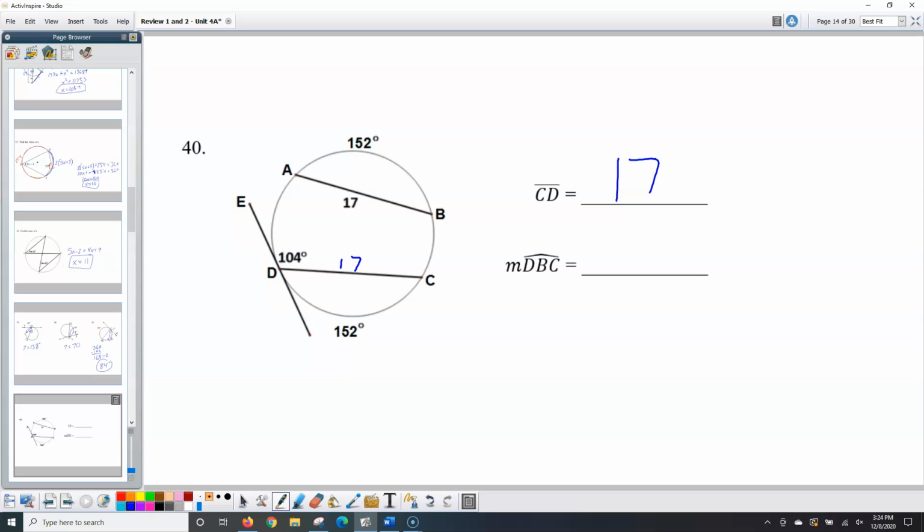And then the measure of arc DBC, two different ways. It's a fancy inscribed angle. I could say 2 times 104, that's 208. Or I could say 360 minus the 152 and get 208 too.